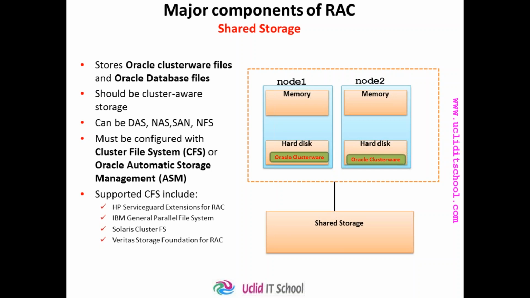You need to purchase a license to use these cluster file systems. And Oracle also has a free cluster file system, Oracle Cluster File System, OCFS. The latest version is 2, OCFS2. Oracle also has ASM, of course. So these are all the choices for cluster file systems.